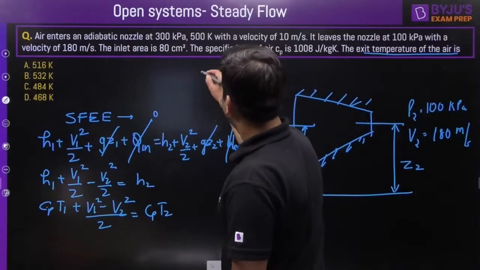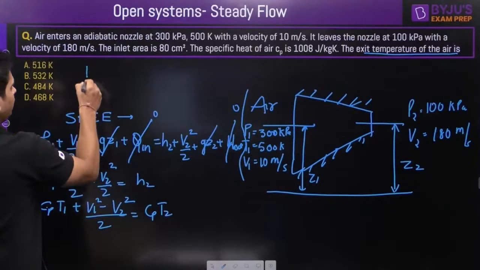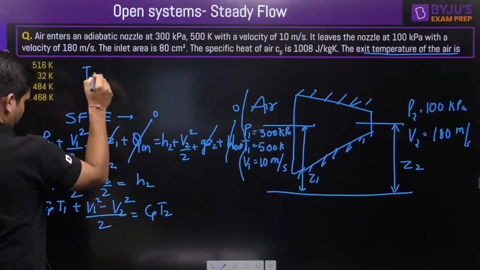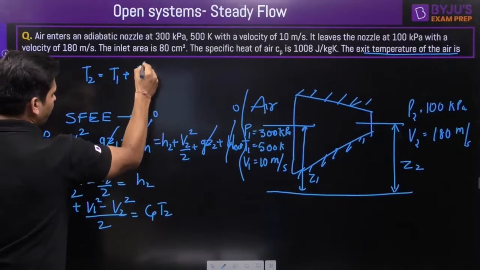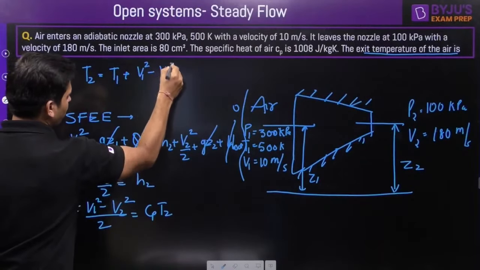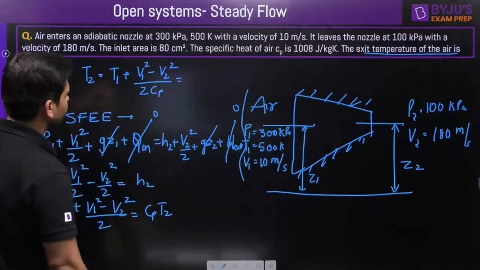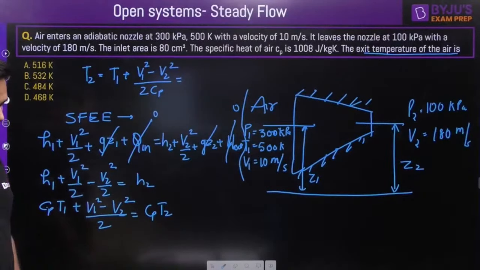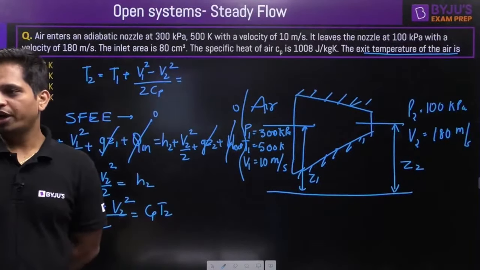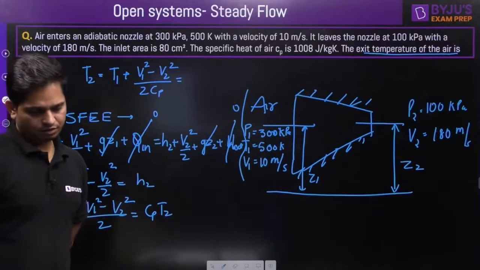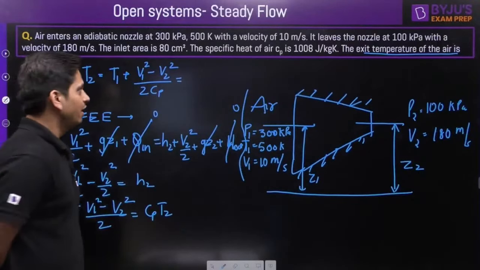So I can write T2 is equal to T1 plus (V1 square minus V2 square) upon 2 Cp. Can you calculate T2? T2 is 483.9. Absolutely correct, Bhavya.